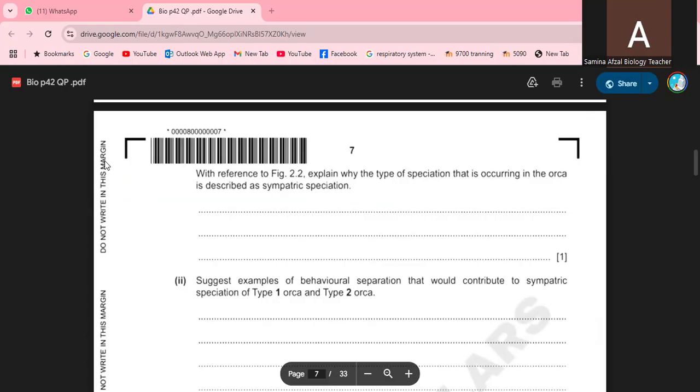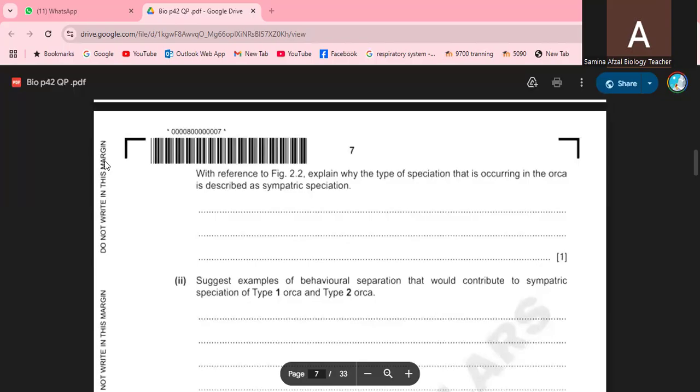Here in figure 2.2, I have explained the distribution for type 1 and type 2 orcas in the Northeast Atlantic Ocean. You can see it shows a significant overlap in their geographical regions, while the distributions are not identical. There are areas where both types of orcas have been observed within the same general regions of the Northeast Atlantic.